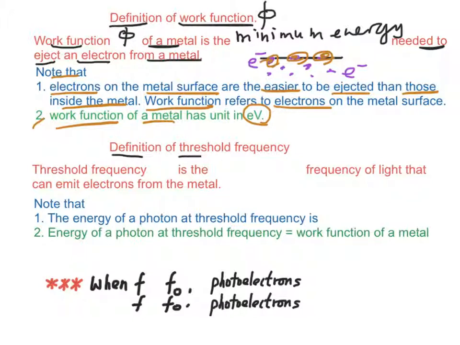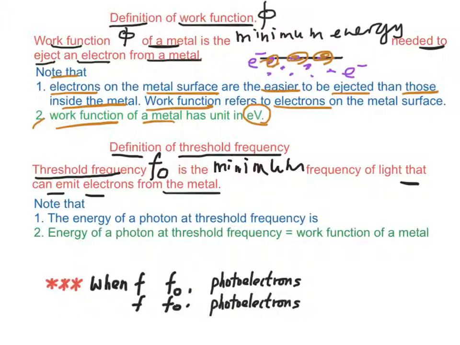Definition of threshold frequency. The threshold frequency, f0, is the minimum frequency of light that can emit electrons from the metal. Note that the energy of a photon at the threshold frequency f0 is E equal to hf0.